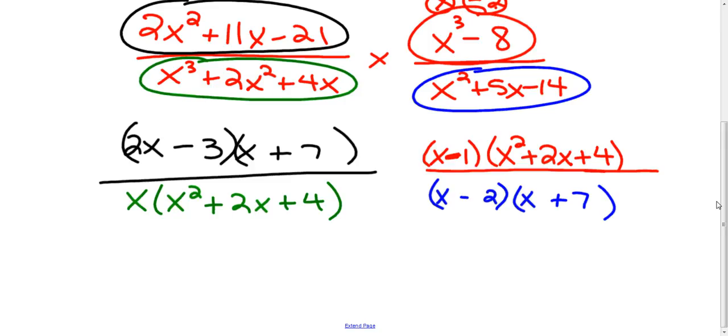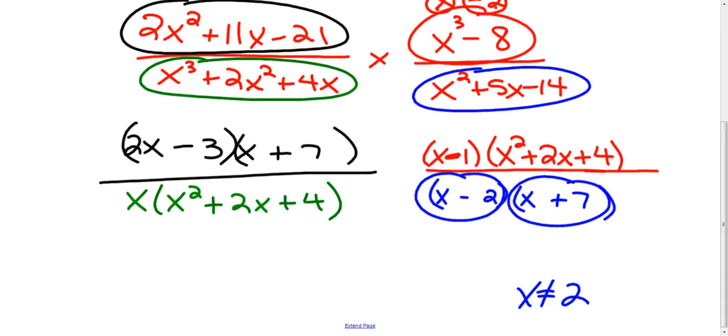What I want you to look out for are places where you would end up with zeros in the denominator. So for instance, right here, x can't be 2 because that would make my denominator 0. So I know that x can't be 2. I know that x can't be negative 7.